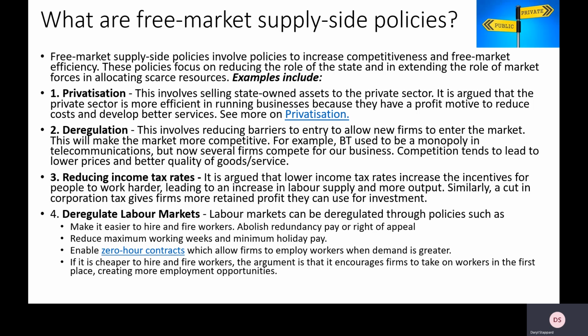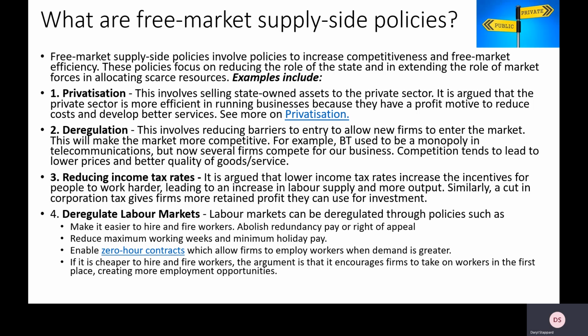We can use something we call privatisation. So in the past, lots of big industries in the UK, such as the rail network, power supplies, other utilities such as communications companies were owned by the state or by the government. Now, when they were owned by the government, they were not set up to create profit. They were set up to provide an essential service. And what that did, it often led to inefficiency creeping into the economy.